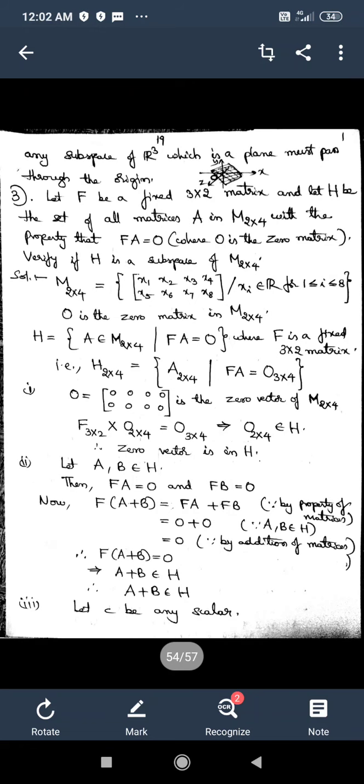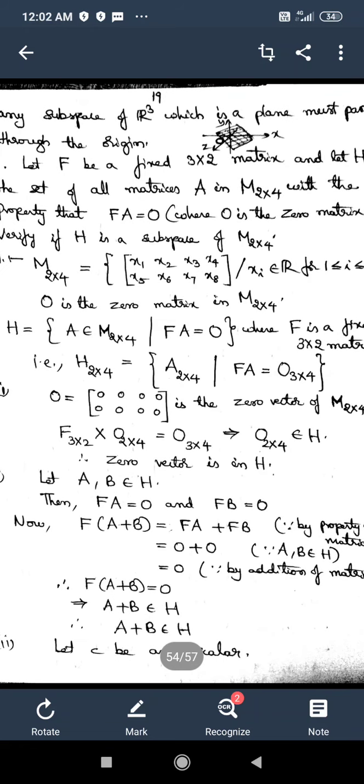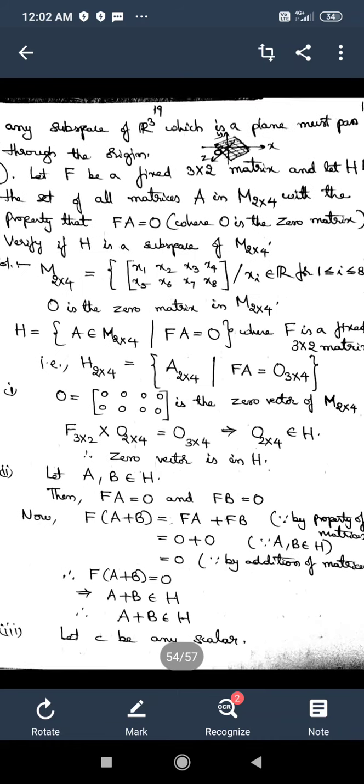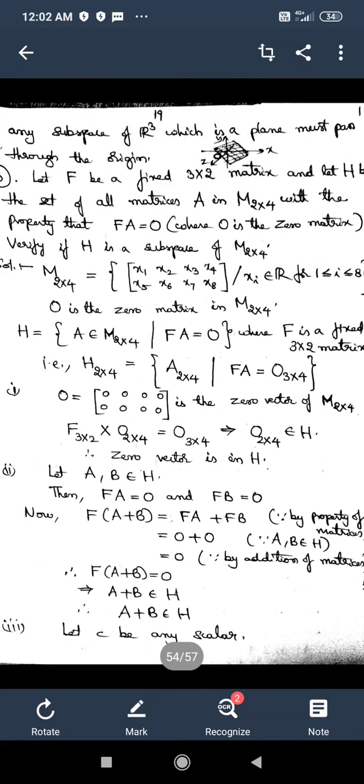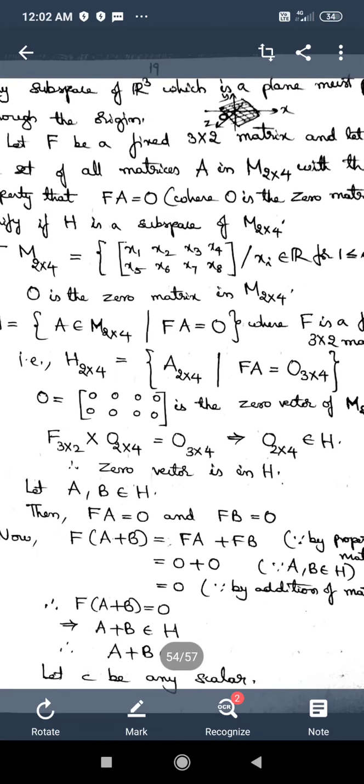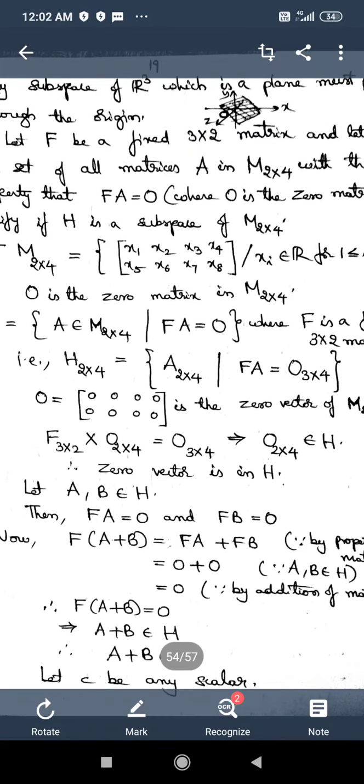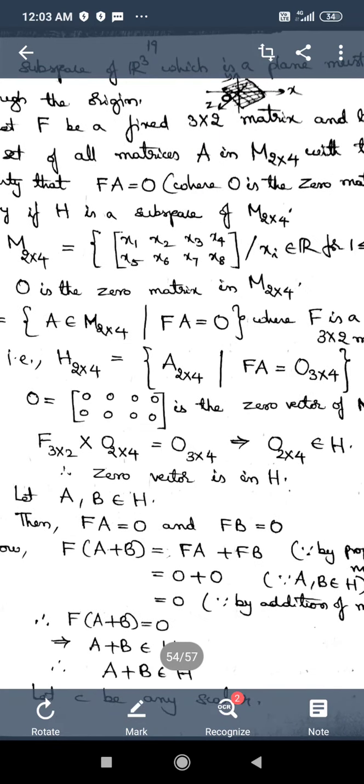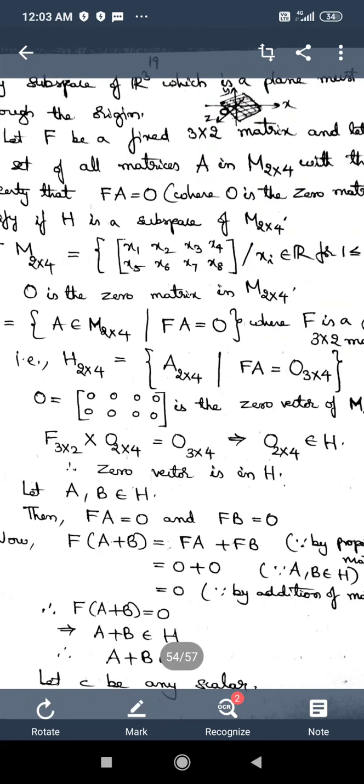So if some subset of R3 is to be a subspace of R3, then it should possess the 0 vector, and that is how it should pass through the origin. So every plane that passes through the origin will be a subspace of R3 is the final conclusion. Here I have given you a plane passing through the origin. It may be the XOY plane or YOZ plane or ZOX plane.